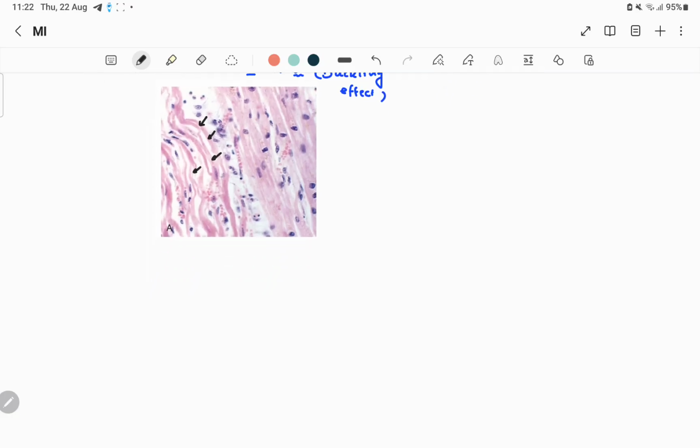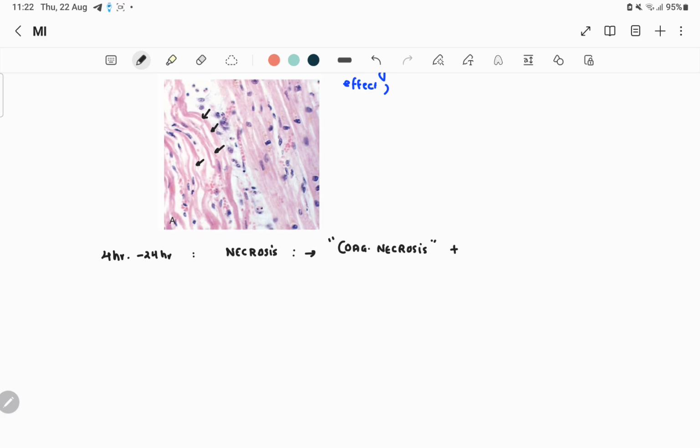Then let's discuss 4 hours to 24 hours. In 4 to 24 hours, there will be necrosis. Which type of necrosis is seen in the heart? Basically we have coagulative necrosis, plus you will see neutrophils.